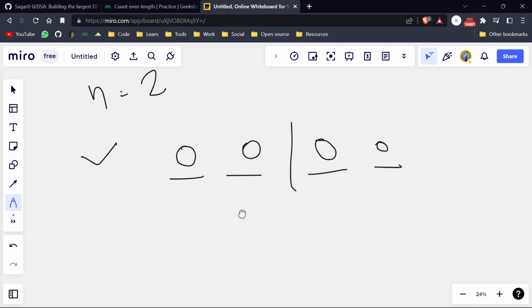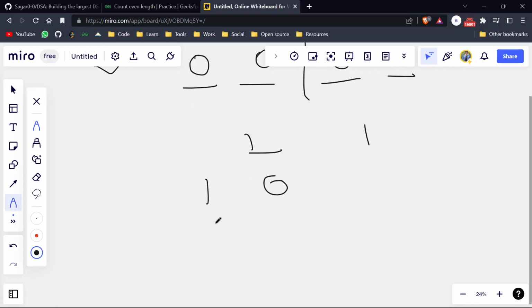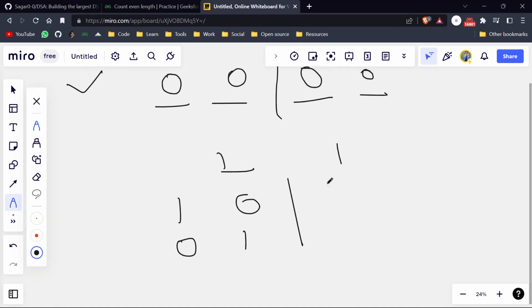And after that, what is our next valid case? When the sum is 1 here and the sum is also 1 there. What are the cases with sum equal to 1? Here we can consider 1 0, and we can also consider 0 1, and the same on the other side.